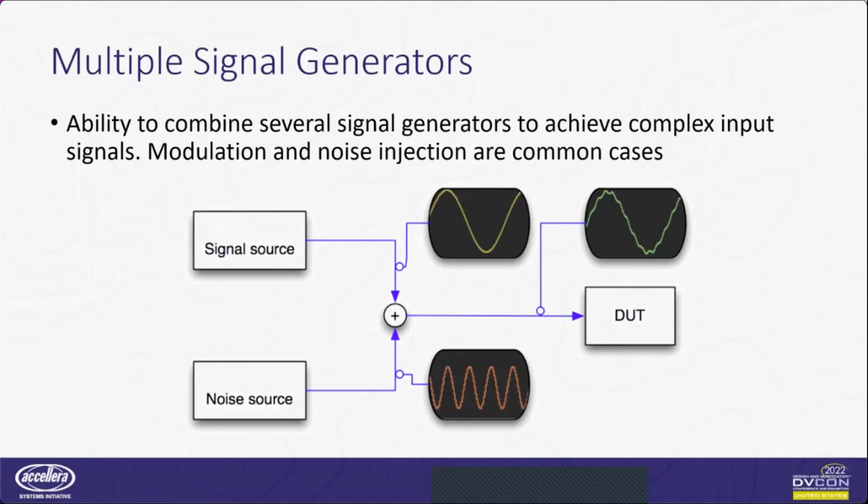Think about that, take a step back up to the sequence level, generate that transaction, and rely on the modularity of UVM to say, okay, I'm going to send that to my driver, and the driver will communicate to the signal generator. And most importantly, I don't care at the sequence level what that signal generator actually is or what it does. All I need to know is what information I need to give it to have it do the right thing.